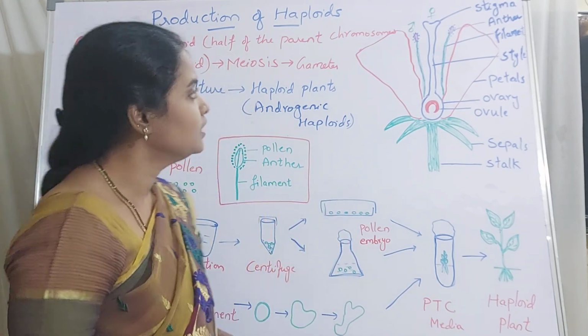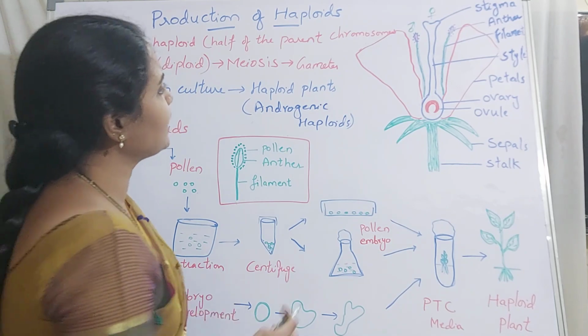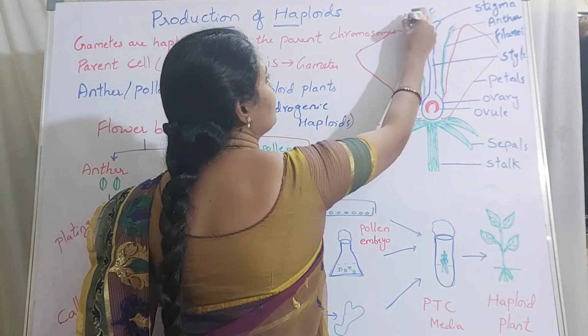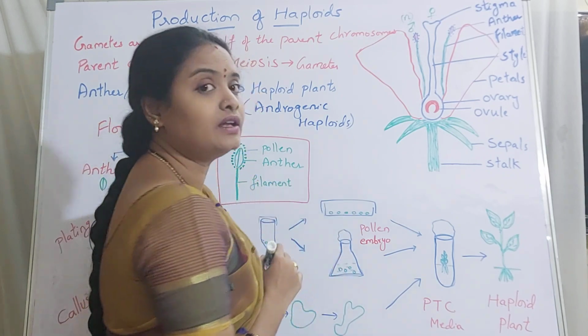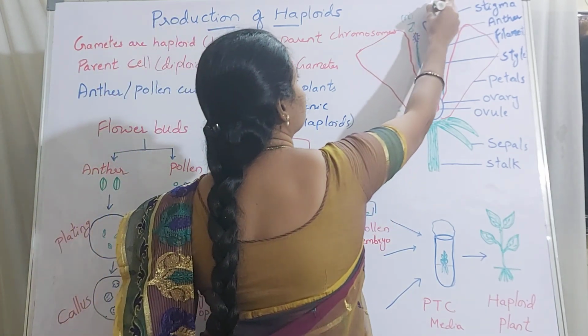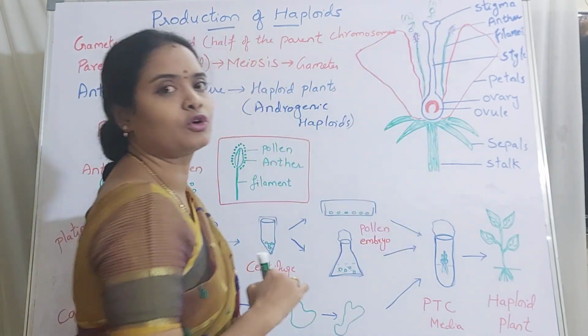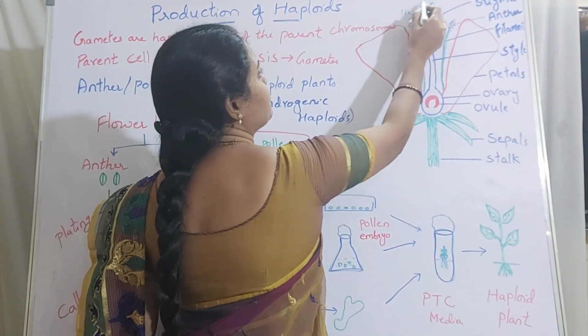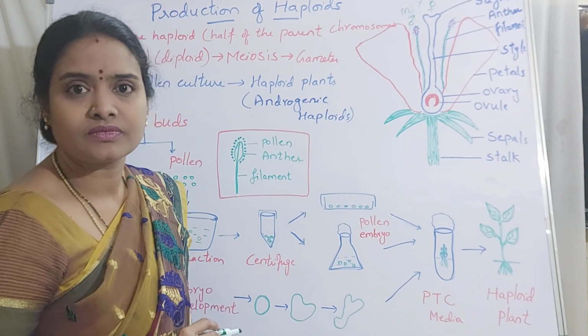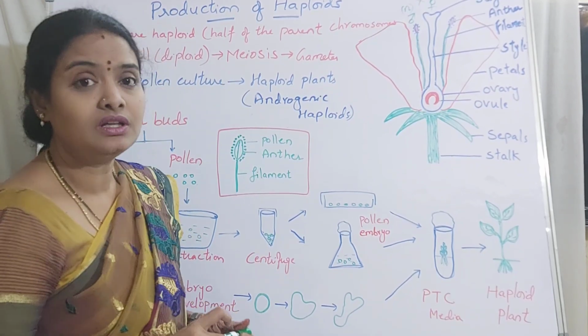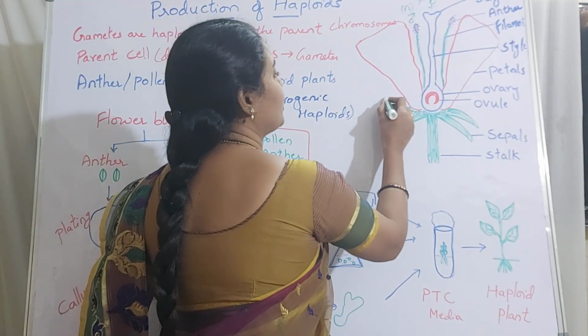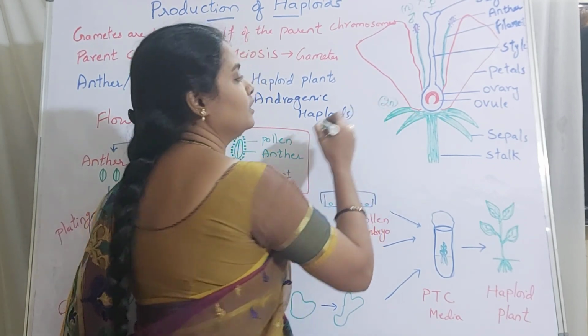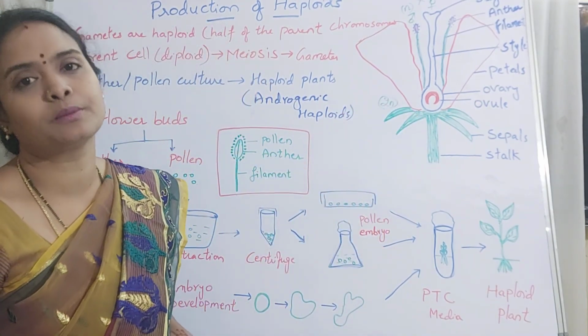Is that clear? The male gamete consists of only one set of chromosomes, that is n chromosomes, and the female also consists of only n chromosomes. When the male and female gametes get fertilized after pollination, they give rise to a diploid fruit, which consists of 2n chromosomes.